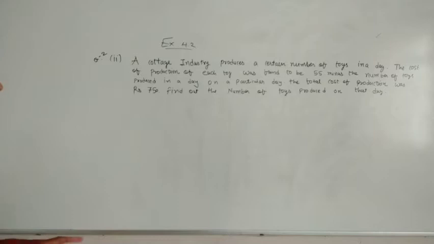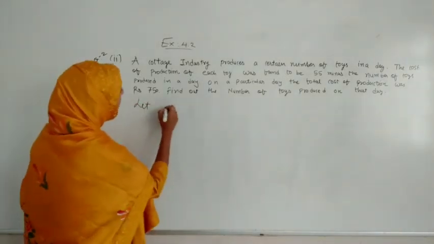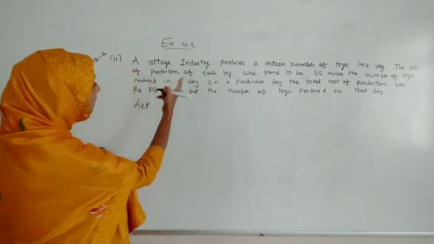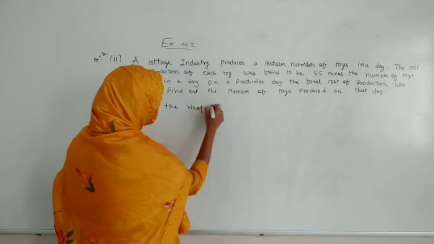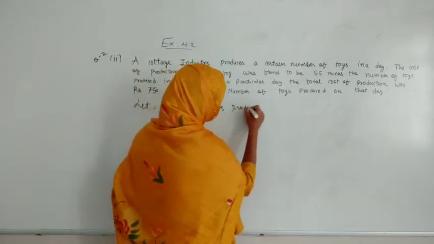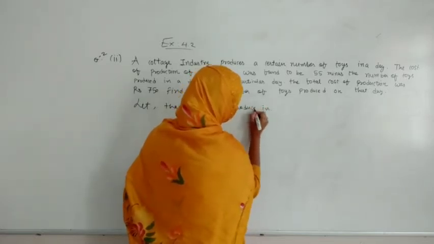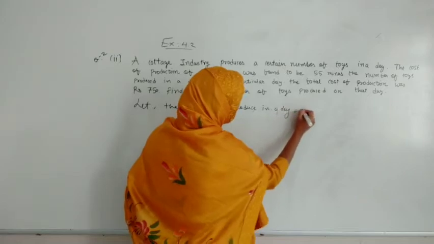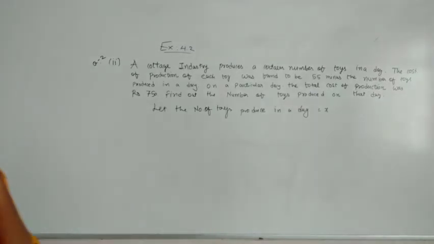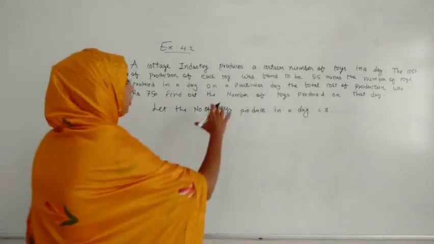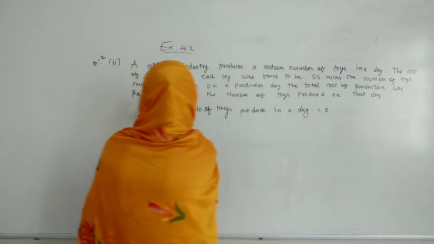This statement tells us that the cost of production of each toy, that is, if one toy is being made, what its cost is, was found to be 55 minus the number of toys produced in a day. If we want to find the price of a particular toy, they said it will be 55 minus the number of toys produced in the whole day. Here we have to guess. So we will guess the cottage industry produces a certain number of toys in a day, that will be x, and the cost of production of each toy was found to be 55 minus the number of toys produced in a day.